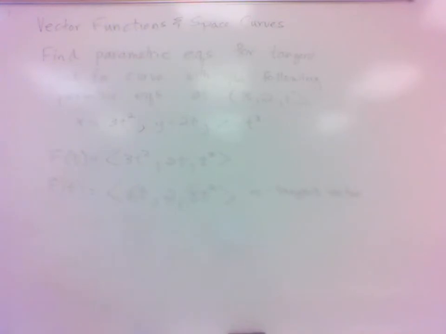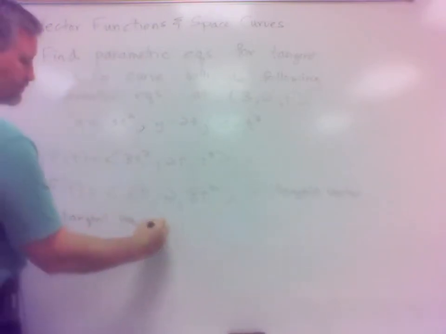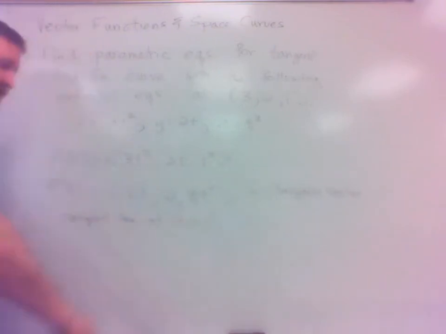But we want the tangent line, and for a tangent line you need two things, right? We need a point, which we've got, and we also need a vector, the direction vector.